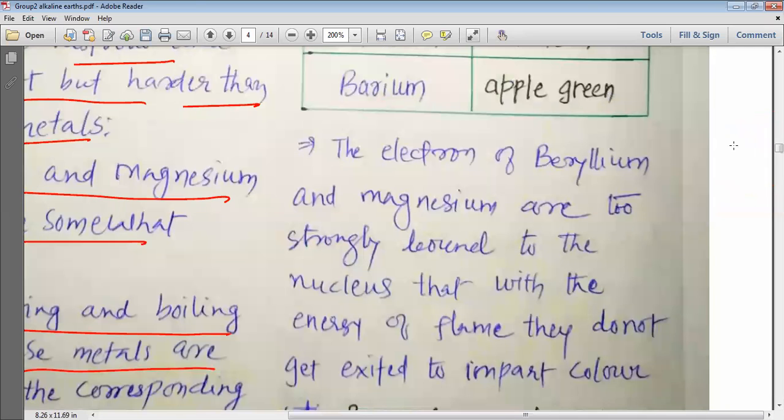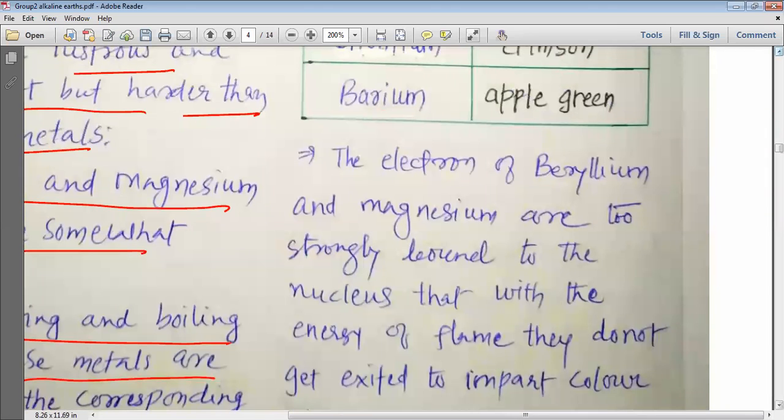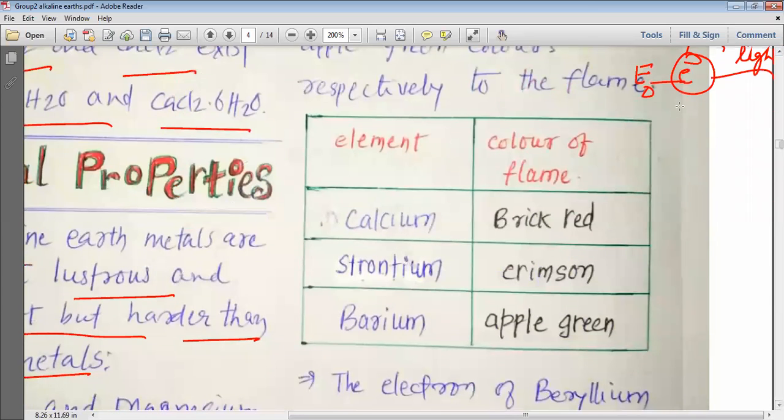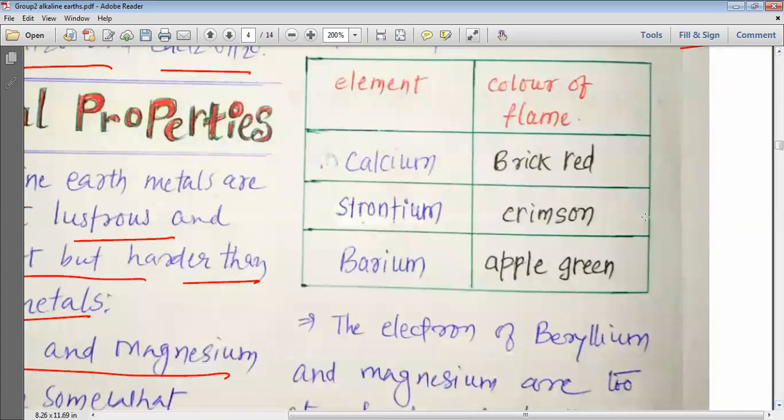This light falls into a particular visible region, and that is why we can see various colors for the flame of the various elements. For example, calcium imparts brick red, strontium imparts crimson red, and barium imparts apple green color.